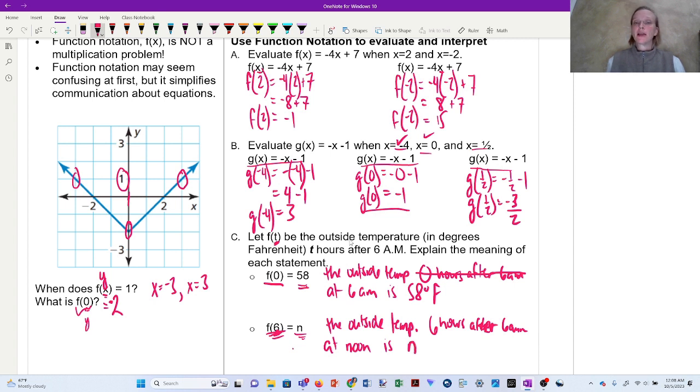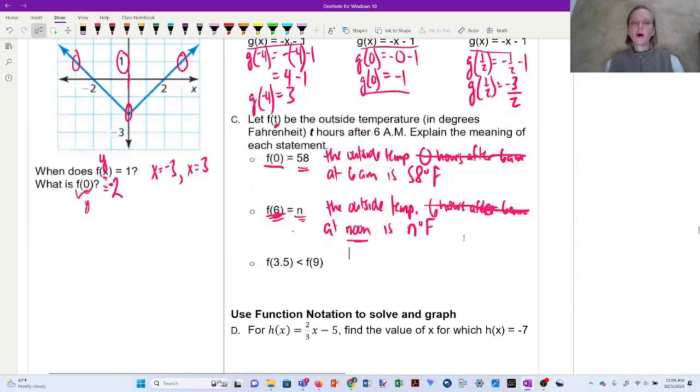So my answer would be N degrees Fahrenheit. So I'm not writing this statement. 6 hours after 6 a.m. is just noon, so I've got that there. But I do know that my temperature at that time will be N degrees Fahrenheit. And if I had more information, I could perhaps calculate or derive N.